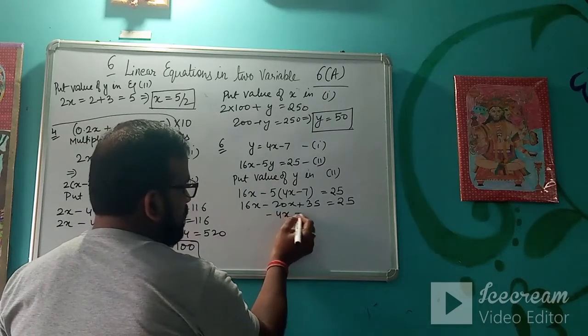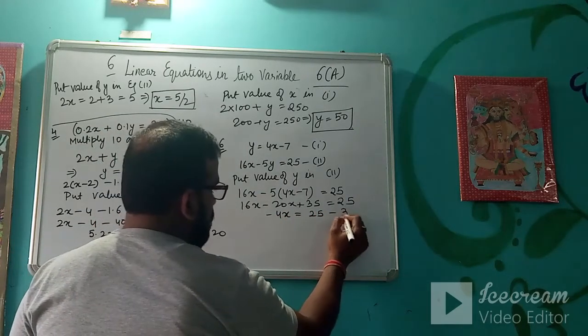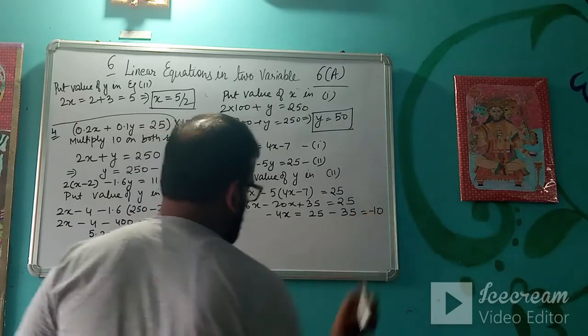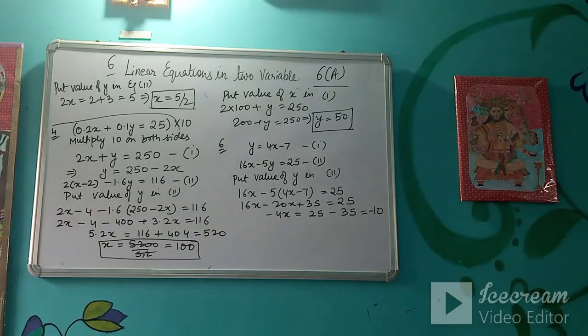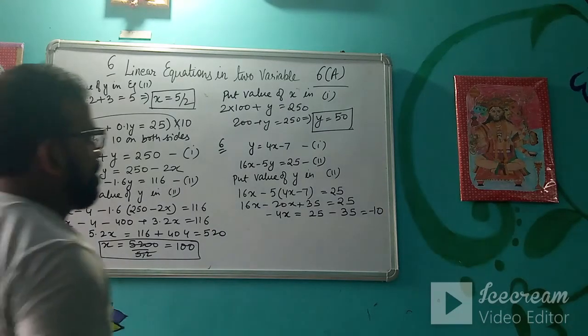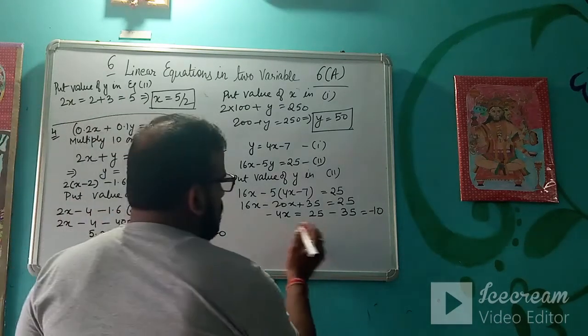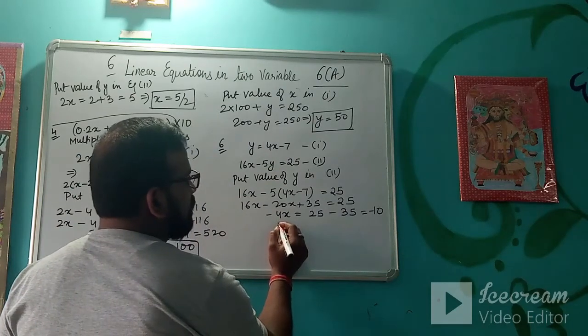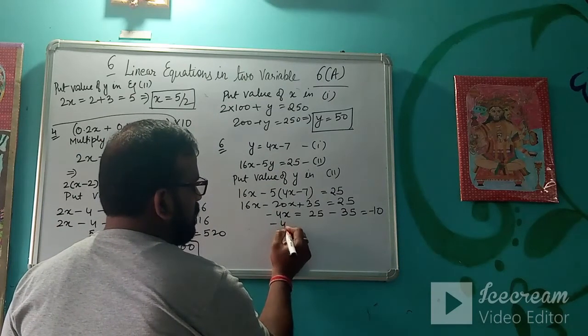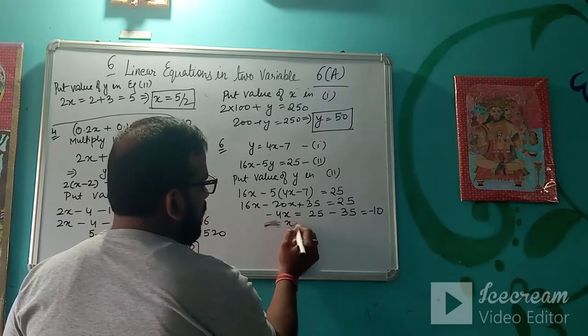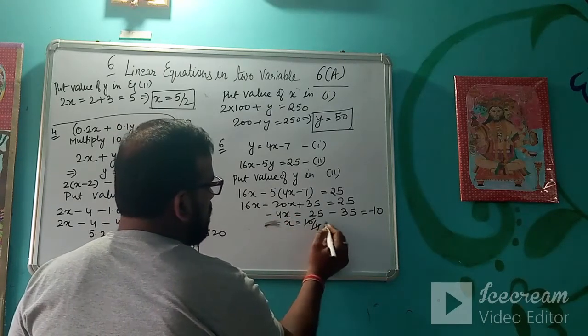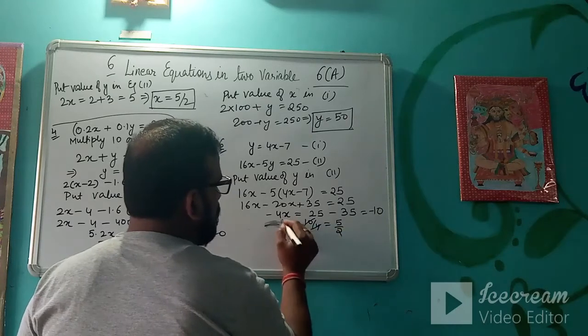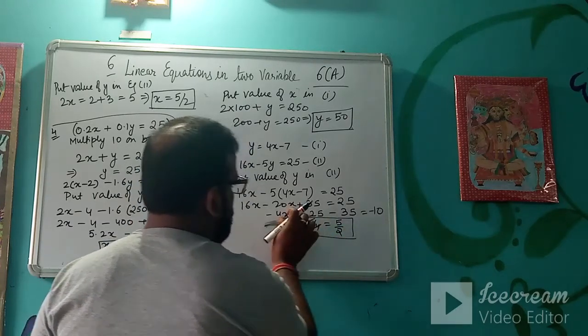So it becomes minus 4x equals minus 10, so what is x? X will be 10 by 4, that is 5 by 2. So this is the value of x.